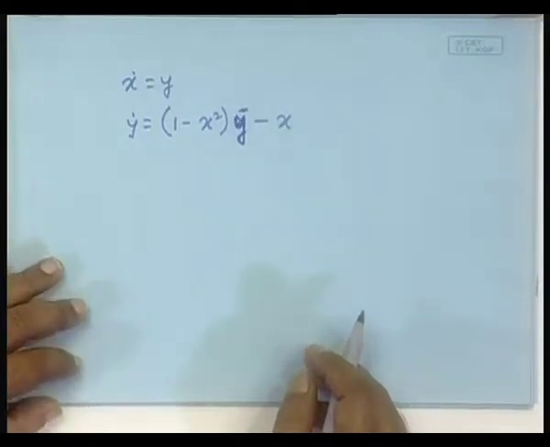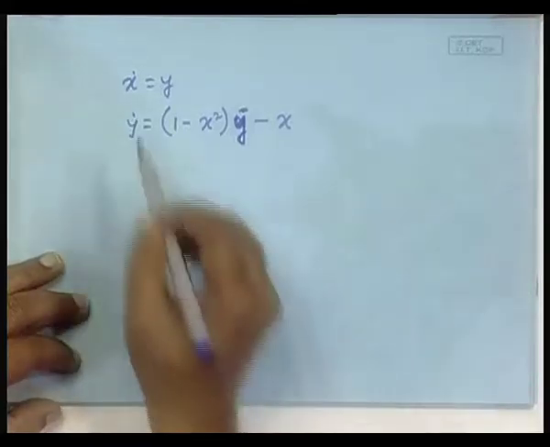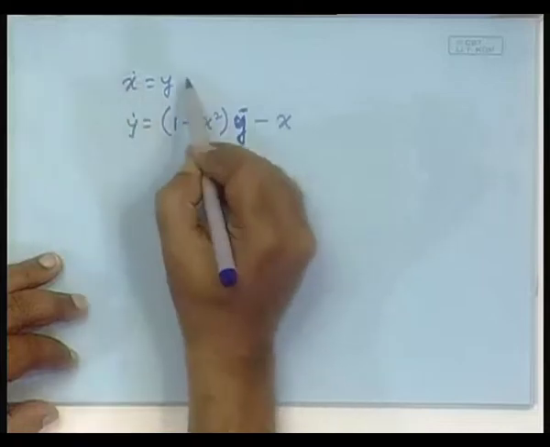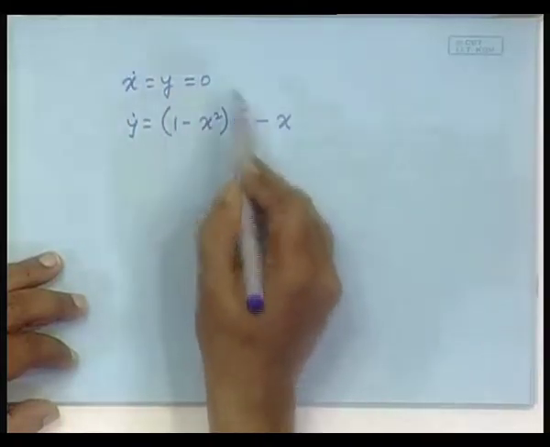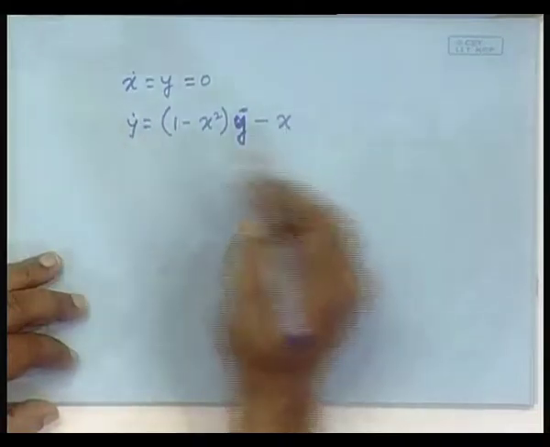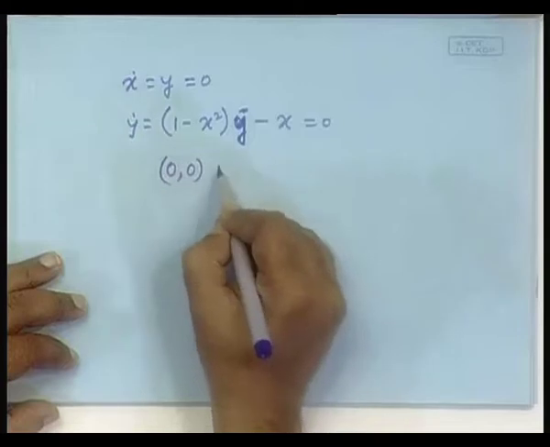So, what is the equilibrium point? Well, x dot being put equal to 0, we will say y is equal to 0, and if y is equal to 0, x is also 0. So, (0, 0) is the equilibrium point.